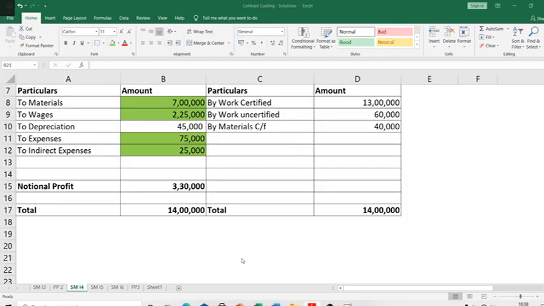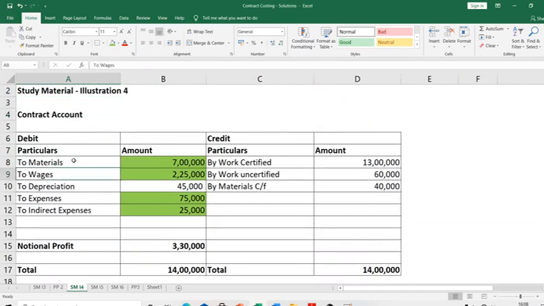So that charge of depreciation, we are allocating it here, because the plant was used for the contract. So we are saying 45,000 here.